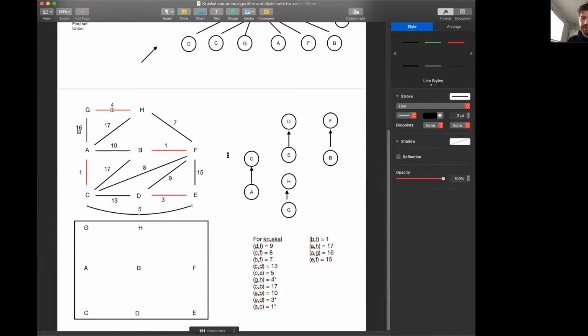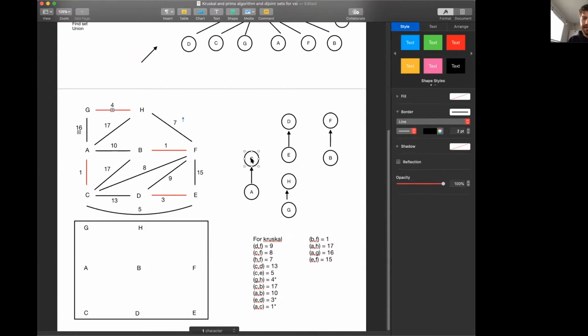Find set on C should give me C, because C is in the disjoint set of C. Then I want to call find set on E. E is in the disjoint set of D. So find set on E will give me D.